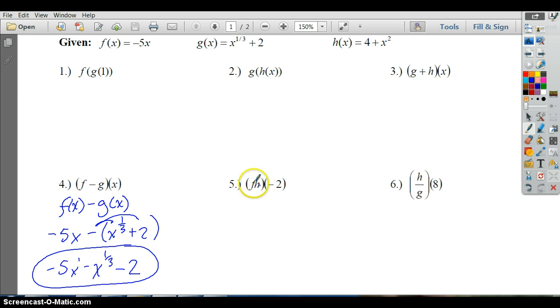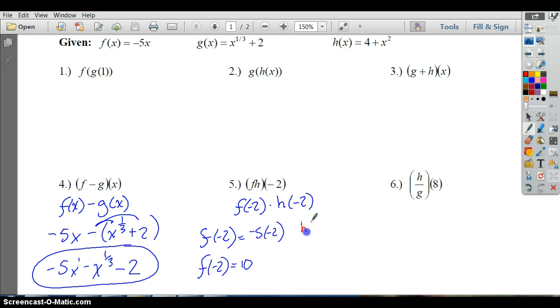So, if we look at f times h of negative 2, we can also think of this as f of negative 2 times h of negative 2. So let's evaluate f of negative 2, shall we? Which would be negative 5 times negative 2. F of negative 2, we can think of that as positive 10.